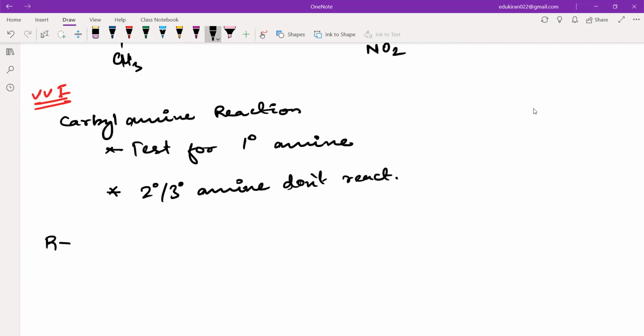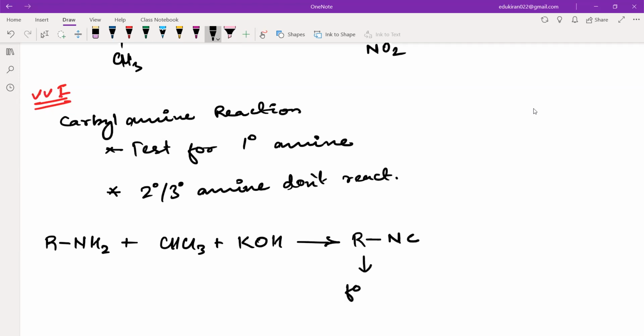So what is the reaction? You have RNH2, 1 degree amine, plus you will use CHCl3, chloroform, in the presence of KOH, and you get a very bad smelling thing that is known as alkyl isocyanide, RNC, which has a very foul smell. It produces KCl plus H2O.